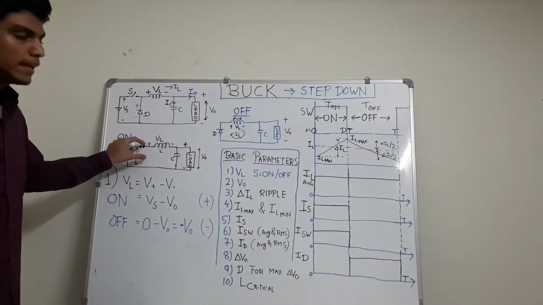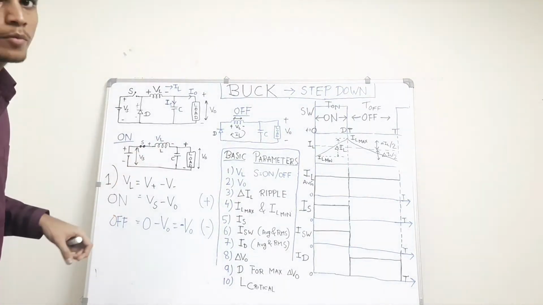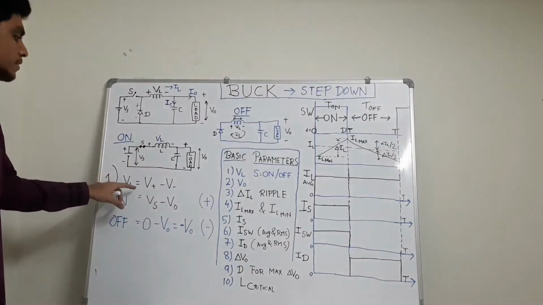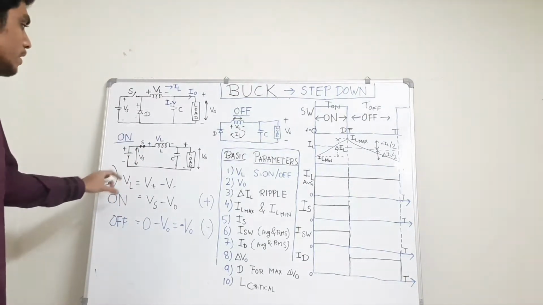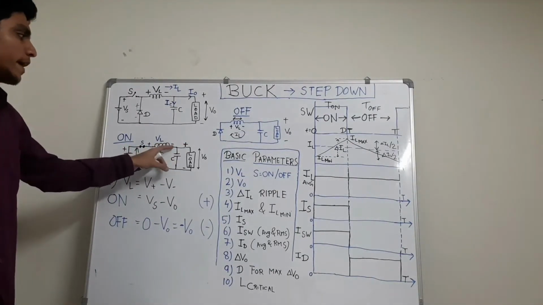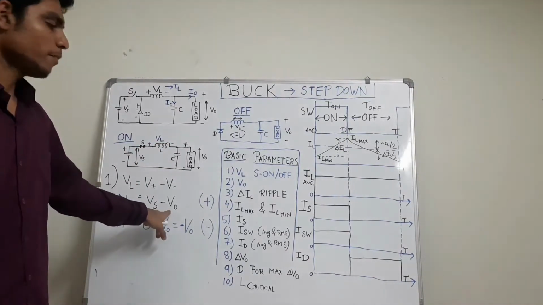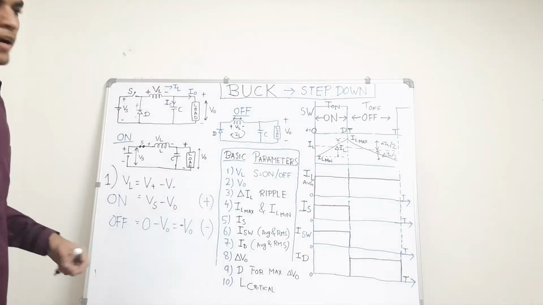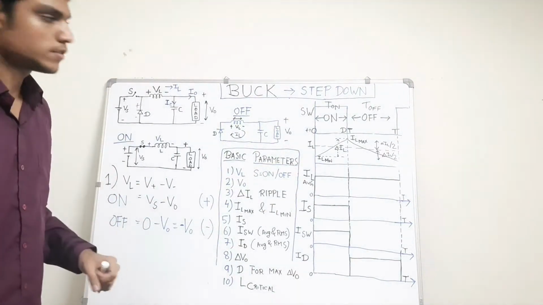That is, the voltage across the positive terminal minus the voltage across the negative terminal, for which we have assumed the polarity. During on time, the voltage across the positive terminal is Vs and the voltage across the negative terminal is V0. So the voltage during on time will be Vs minus V0, and it is positive in nature because we will derive soon that V0 will always be less than Vs.